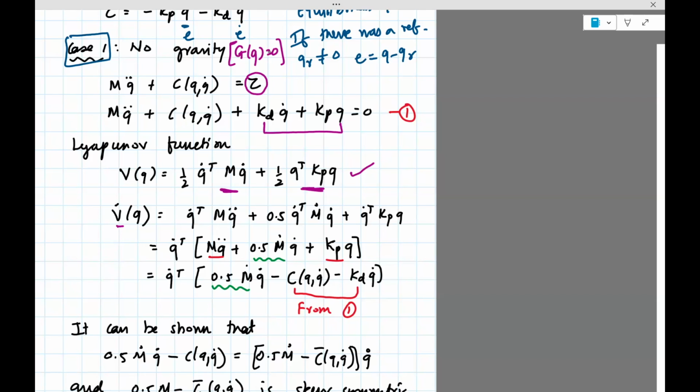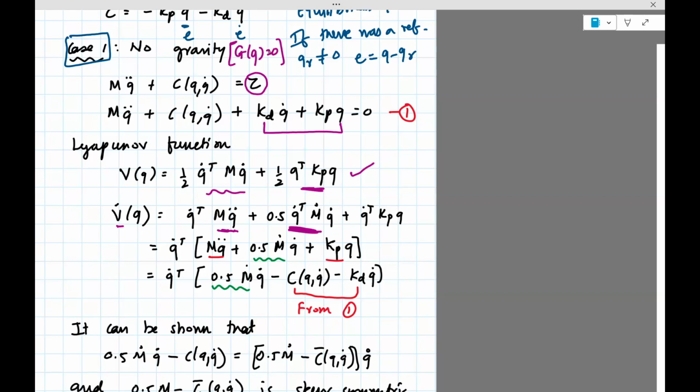Here we'll have to use the chain rule because there are two things, both functions of time: the mass matrix and q. So taking the derivative, two terms will pop up here. Now q dot transpose q dot, that's actually the same thing. There are three terms, but really there are two terms, because q dot and q dot, when you take the derivative twice, you'll get 2 times that, and so that half will cancel off.